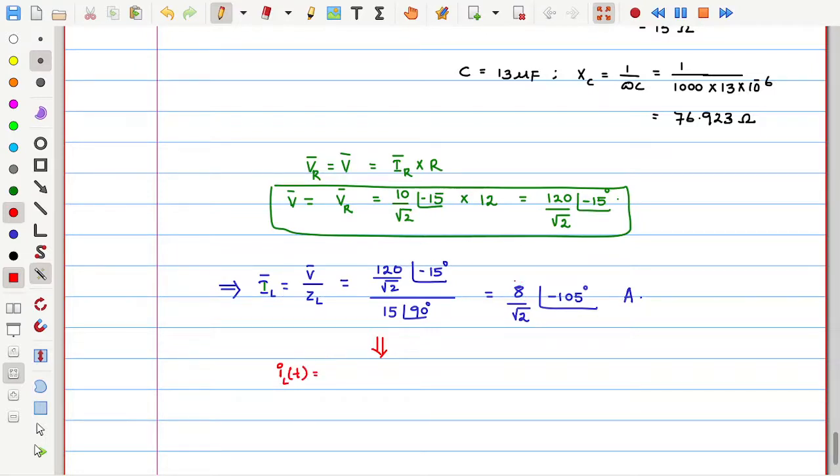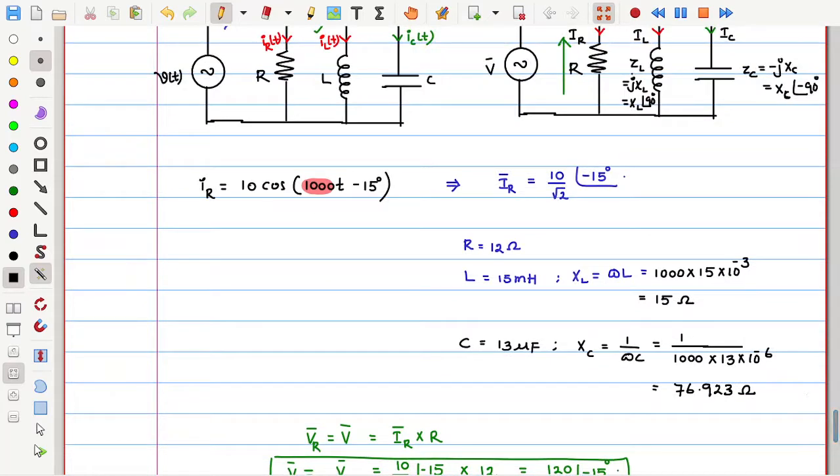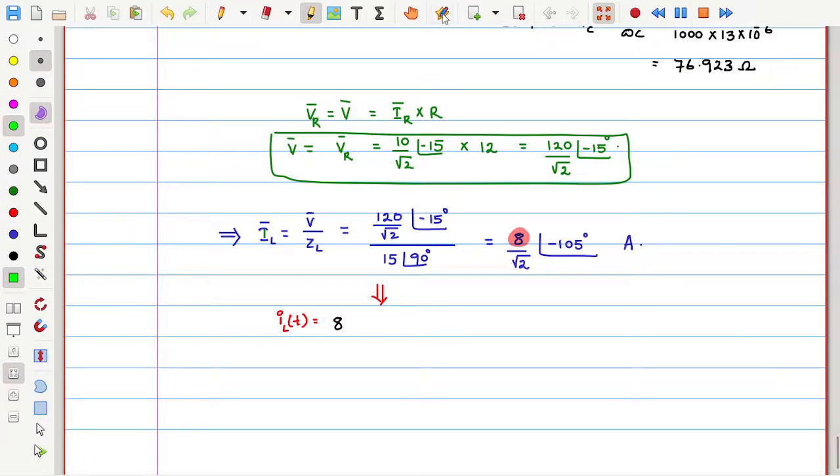How much is the magnitude? 8 by root 2, in which the peak value is 8. So I will directly write 8 into. What is the function we eliminated when we converted to the phasor? Cos function. So now I should use the same cos, same omega. So cos 1000t.